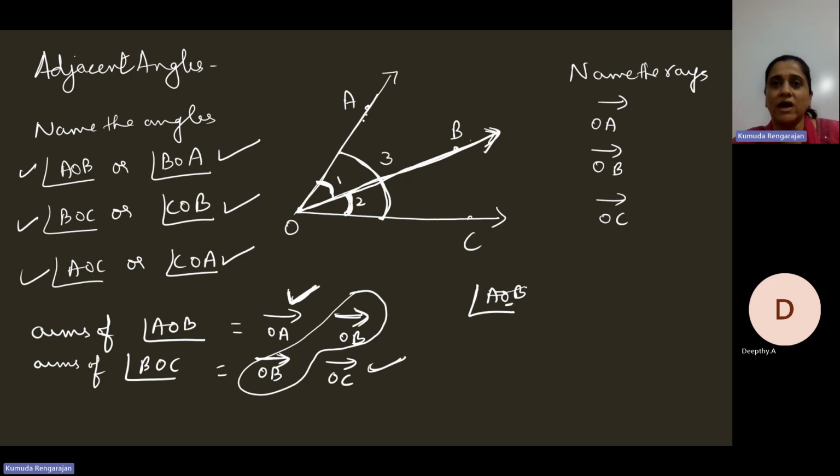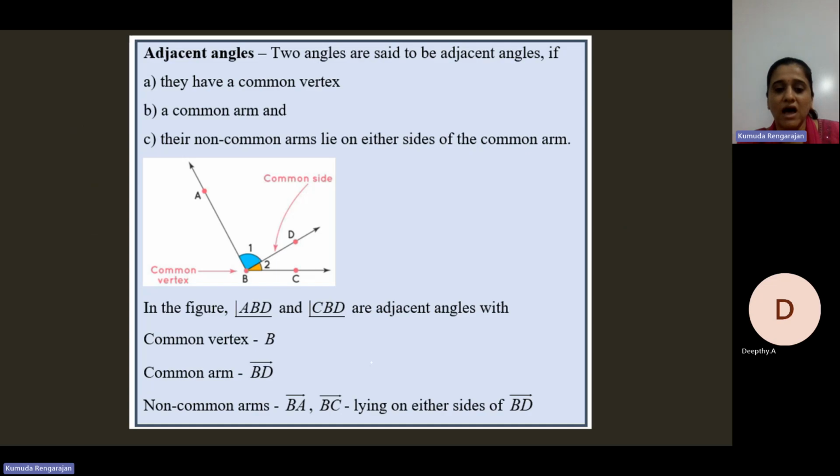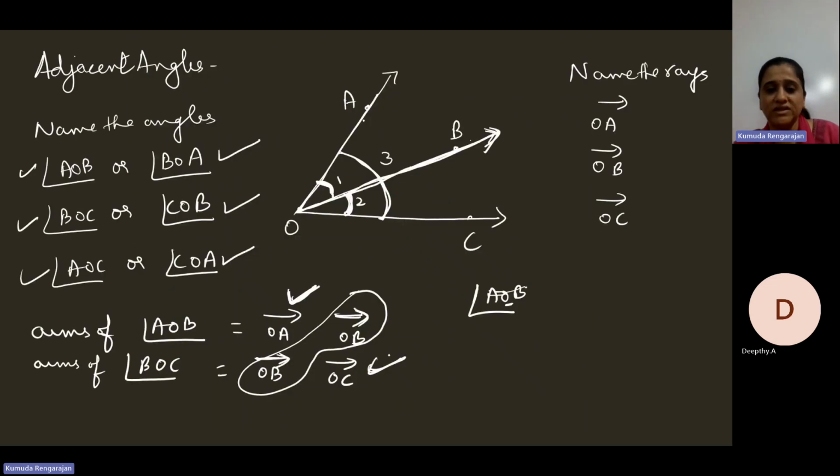It's above the common arm. And where is this arm or ray OC? It's below the common arm. Which means the non-common arms are on either sides, like left side, right side, above, below, opposite sides of the common arm.